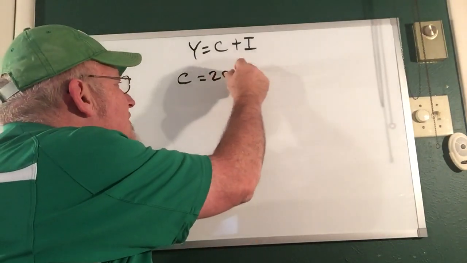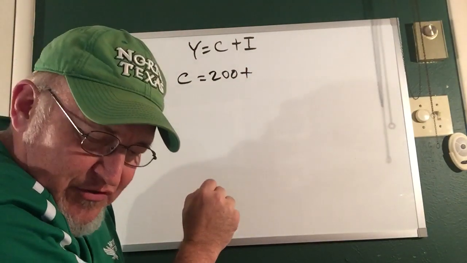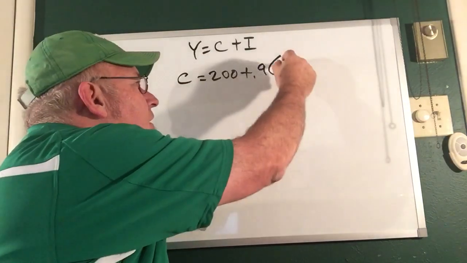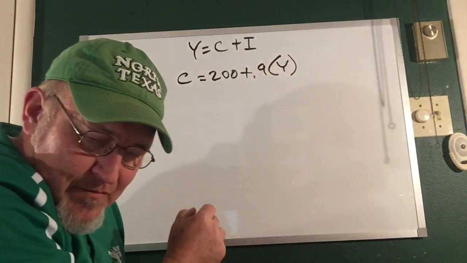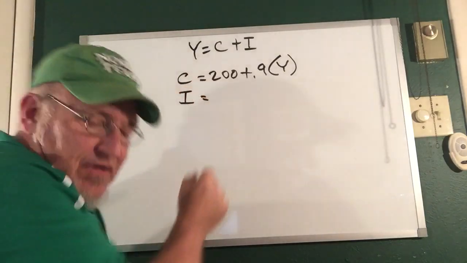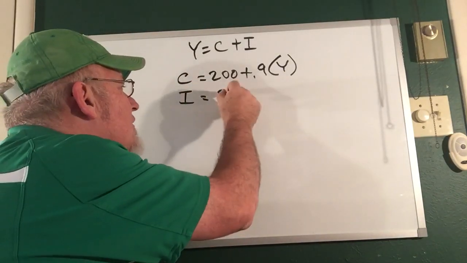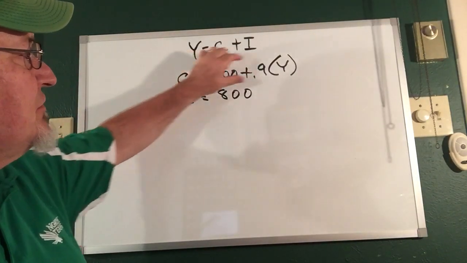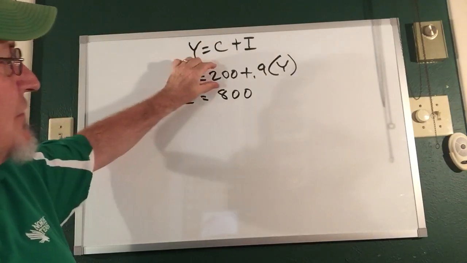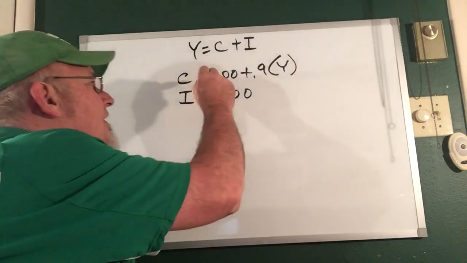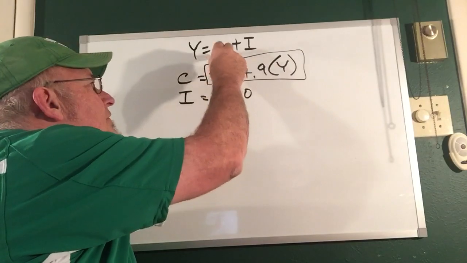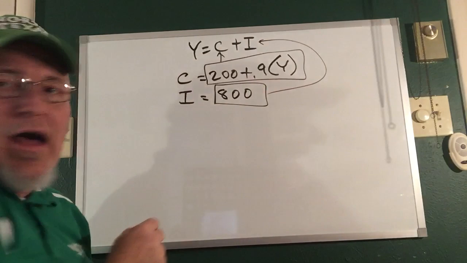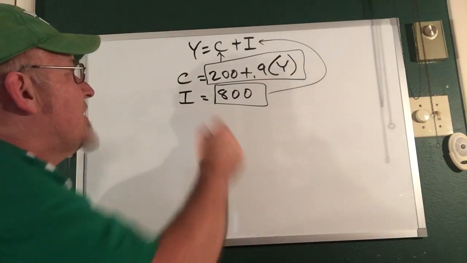Your consumption function has an autonomous consumption of 200, a marginal propensity to consume of 0.9, and then income. And then we have investment at, say, 800. How are we going to do that? Well, literally, you're just going to substitute this C right here, you're just going to substitute this portion right here for right there, and substitute that for that. Make sense?